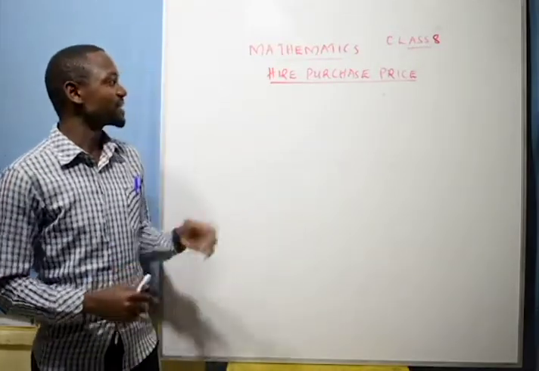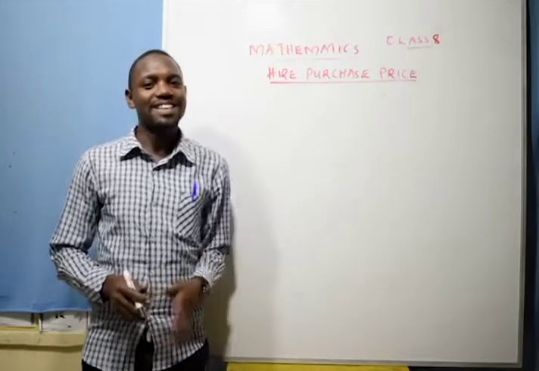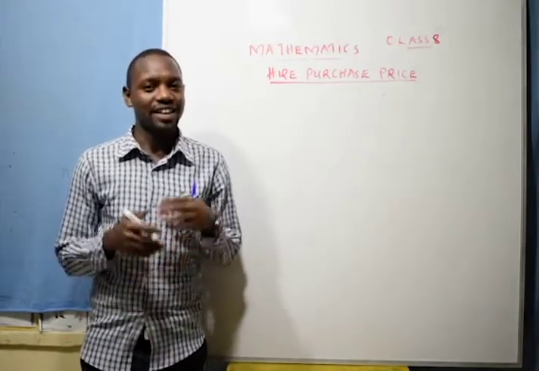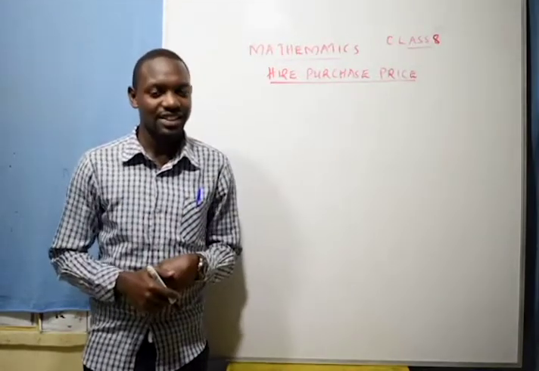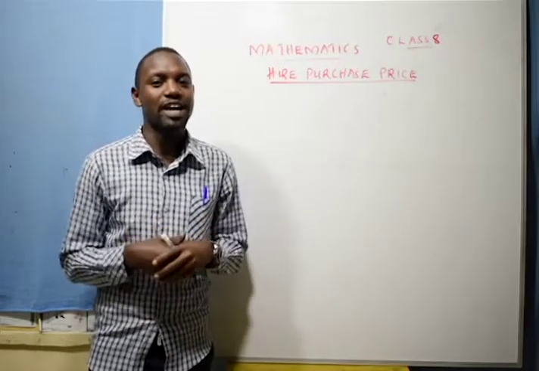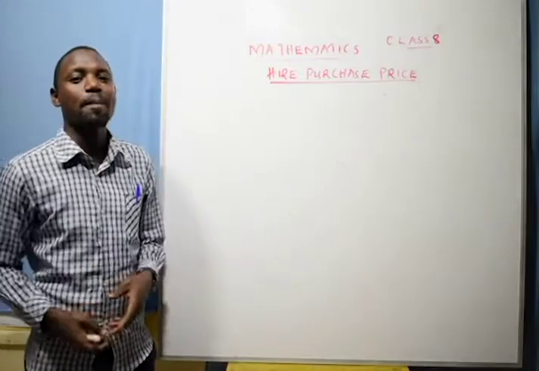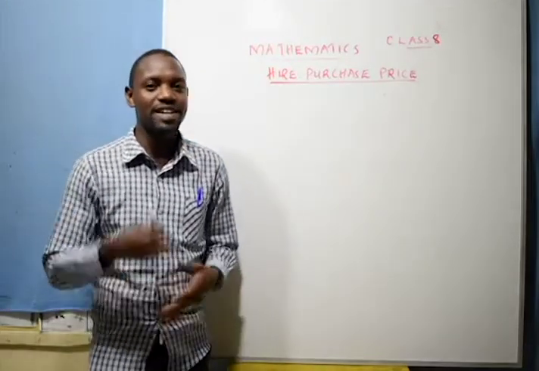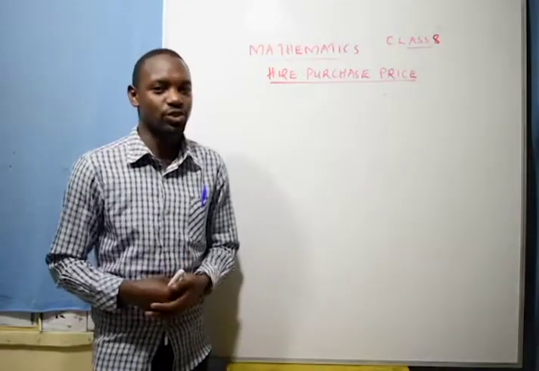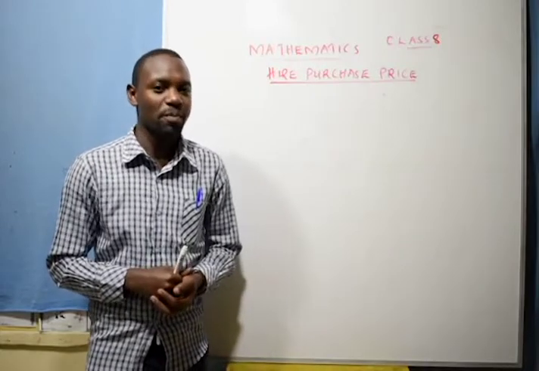Hire purchase price is a situation whereby an item is sold and is stored at a deposit. That is, you pay some small down payments from the total price of the item. Then the remaining amount of money is paid at regular intervals, which are called the monthly installments.